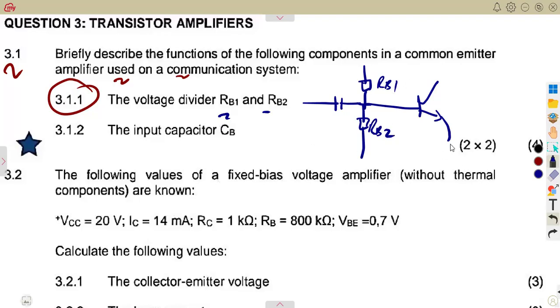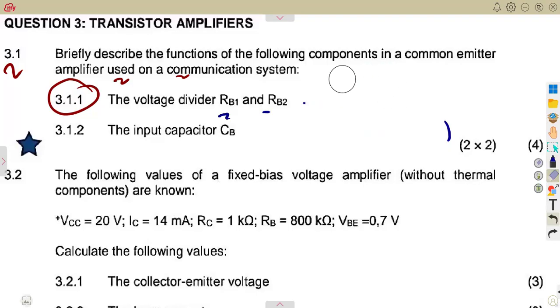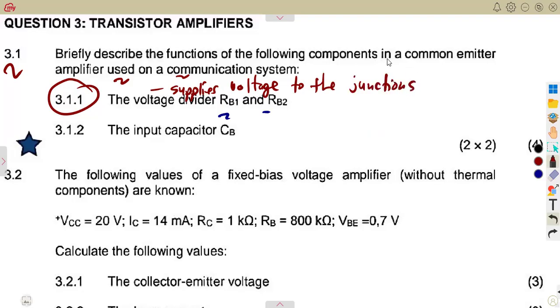So they are for voltage division. They supply voltage to the junctions of the transistor.